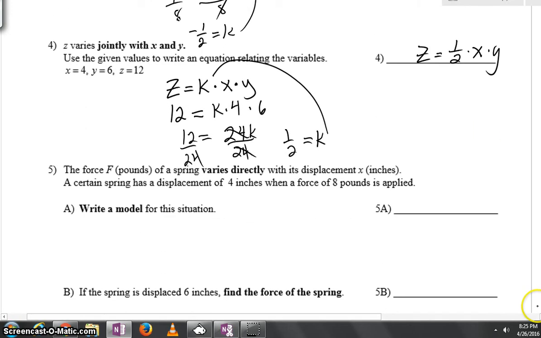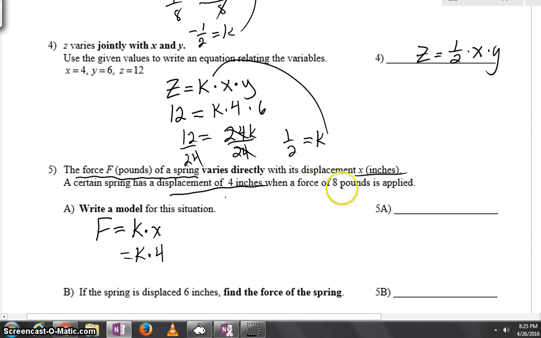Last one on this page. The force of a spring varies directly with its displacement, where X is in inches. So we'll write F is equal to K times X. Direct variation means we have multiplication. The displacement, which is X, is 4.